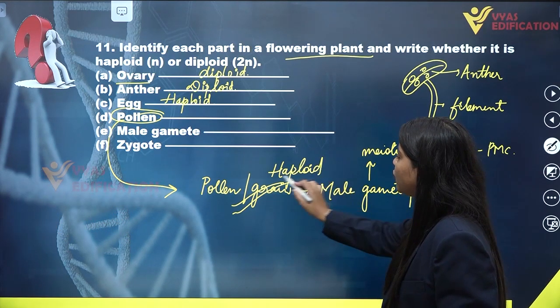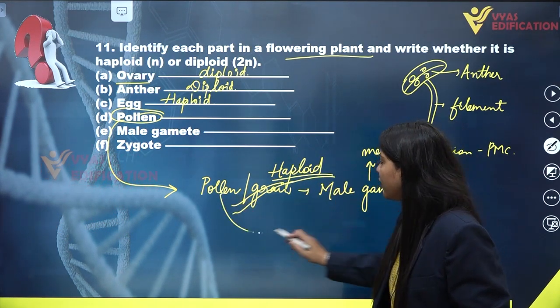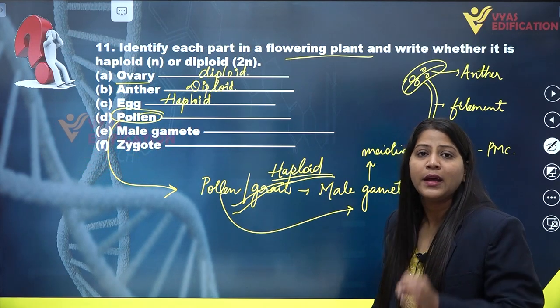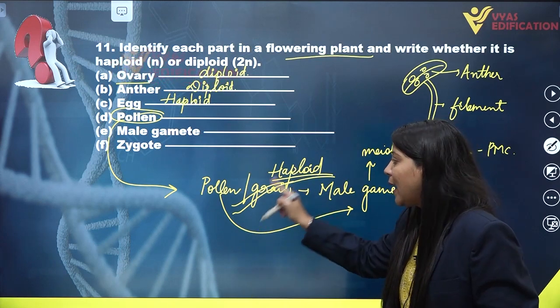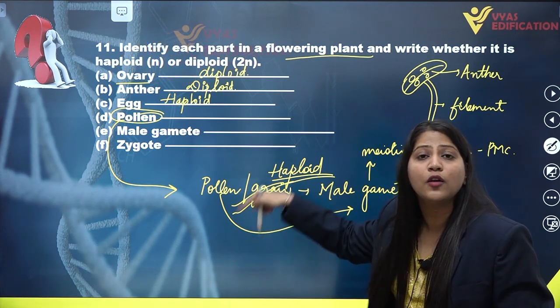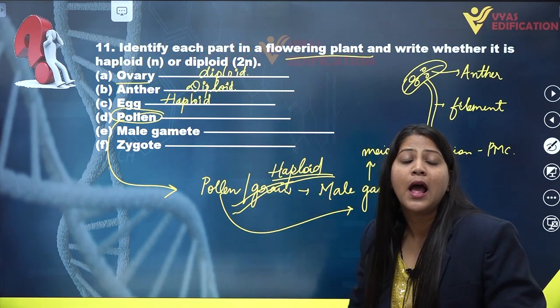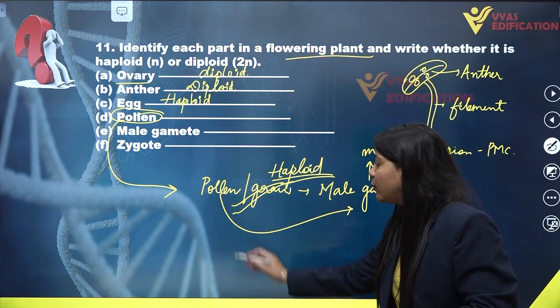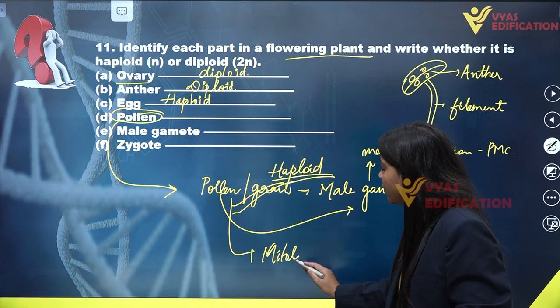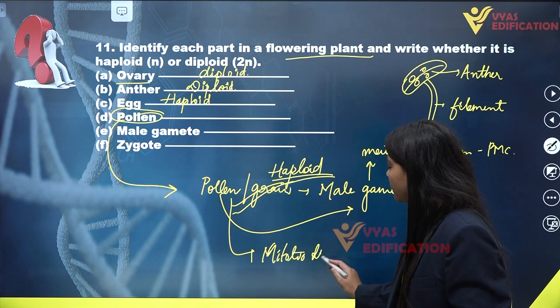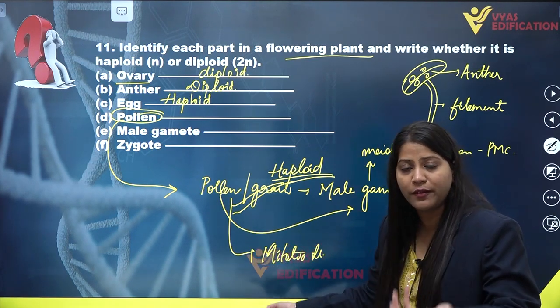So this is clear that pollen grain is a male gametophyte, through which the male gametes are going to be formed. But this pollen grain is also haploid in nature, and it produces male gametes with the help of mitotic division, as it is haploid and gametes are always haploid.